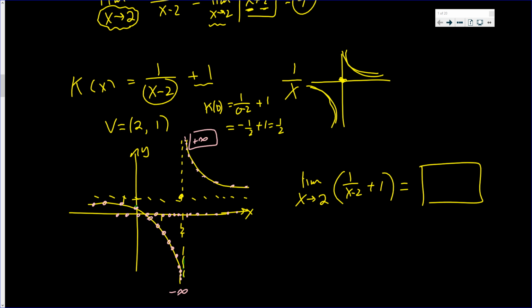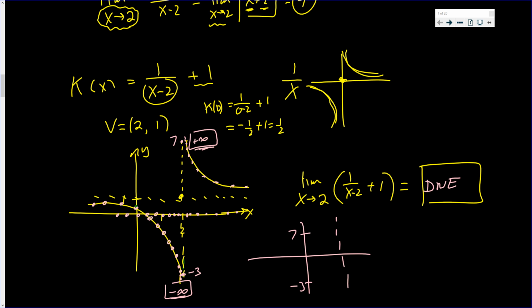I don't care if they're infinity or not. If these two numbers differ, then you say the limit does not exist. It could have been that this one is going towards 7 and this one's going towards -3. They're not the same y value. In other words, if the graph looks something like this, here's 2 and here's 7 and here's -3, maybe from the left the graph goes like that and it stops right there.